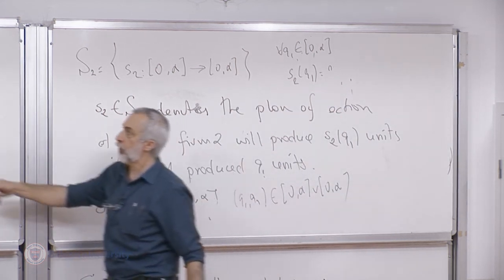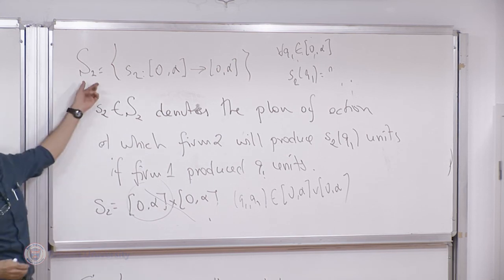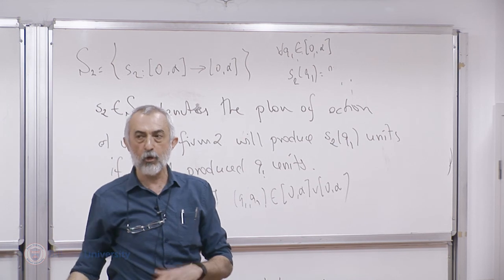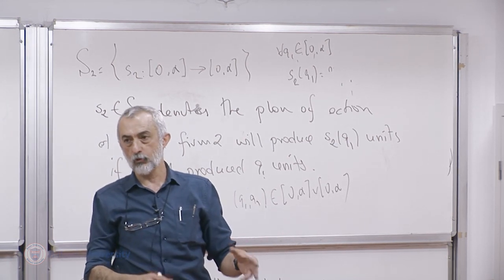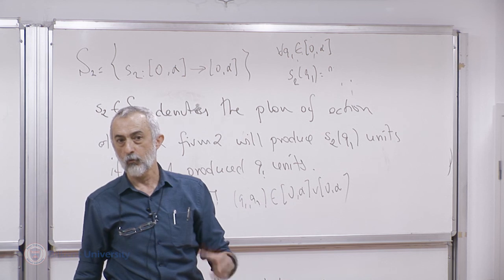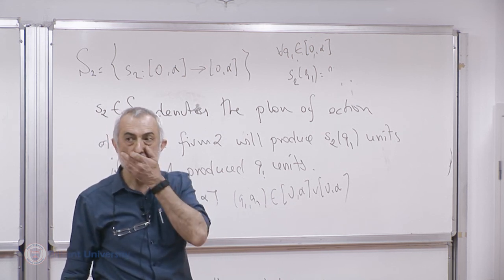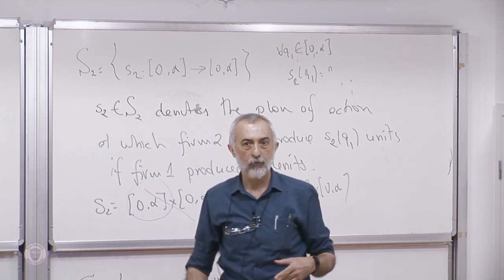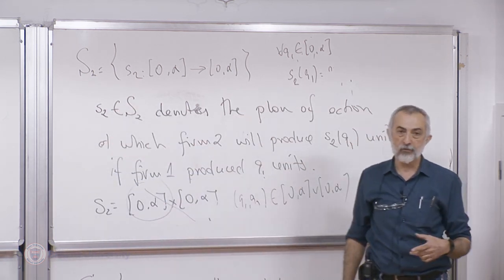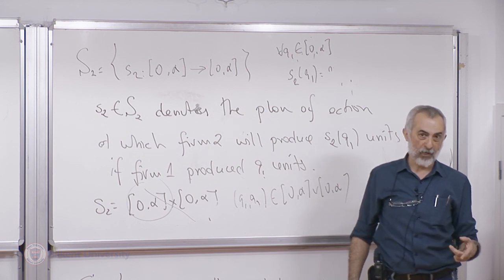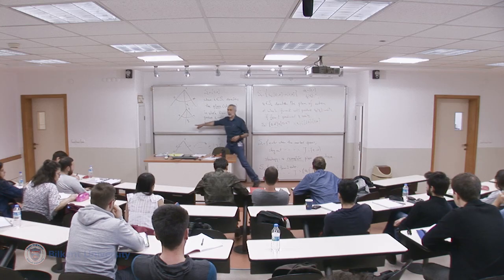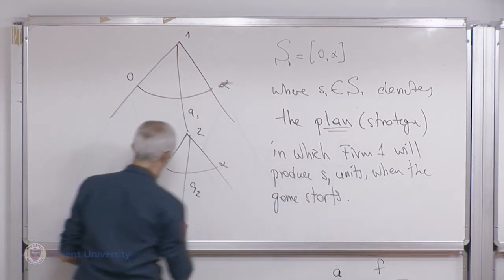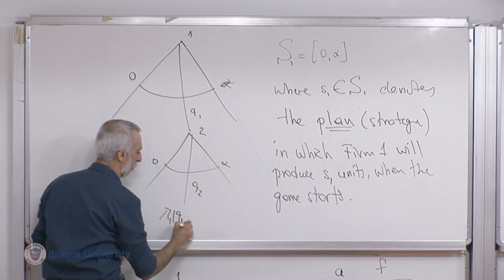So now we wrote the strategy set of player 1. We wrote the strategy set of player 2. So we've almost converted the game into a strategic form game. Why almost? In strategic form games, we wrote preferences over strategy profiles. Here, preferences are written over actions, over histories.